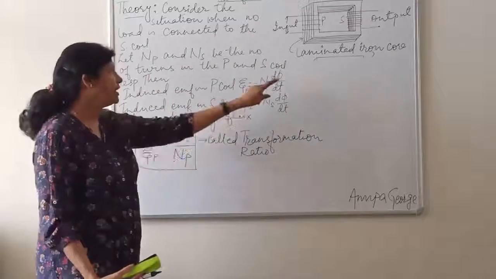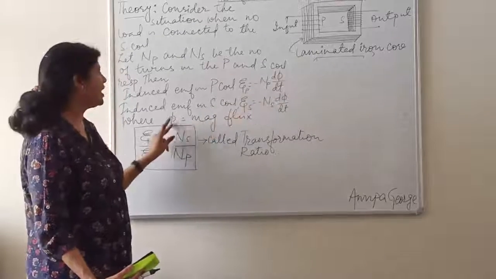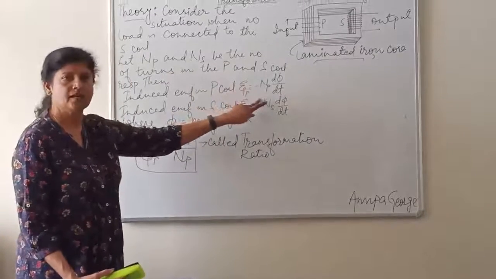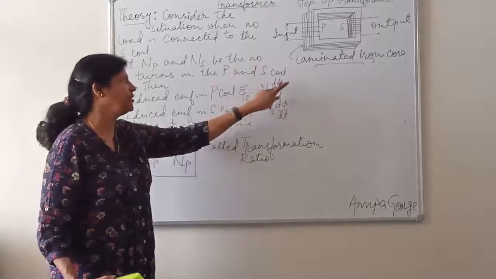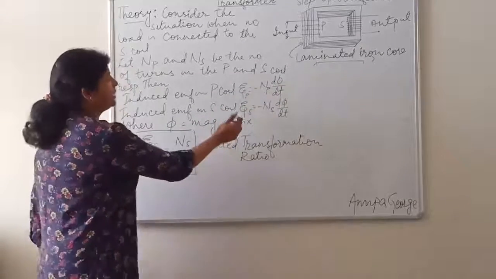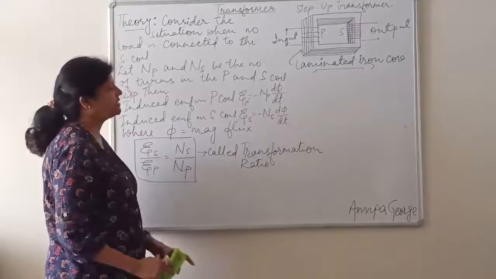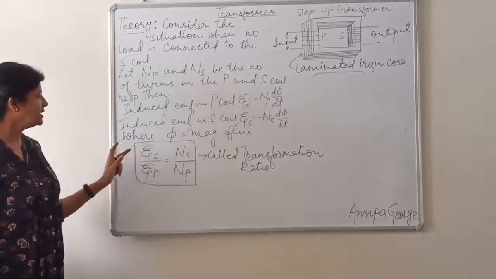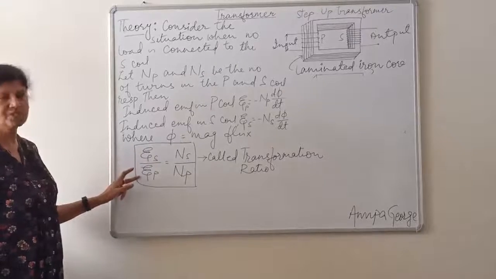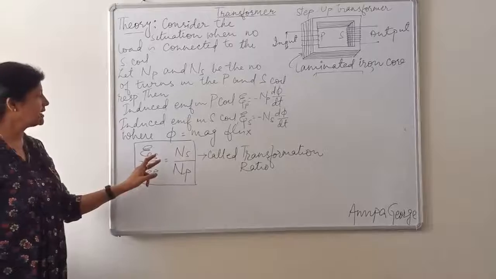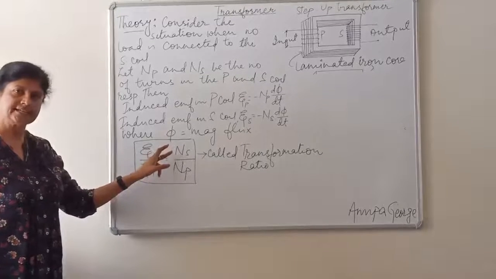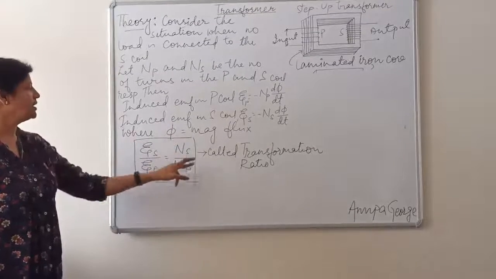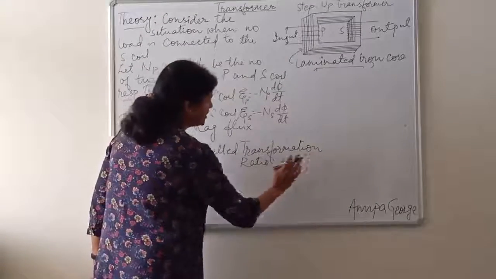where phi is magnetic flux. Now, if we divide Ep is equal to minus Np d phi upon dt by Es is equal to minus Ns d phi upon dt, we get induced EMF in secondary coil upon induced EMF in primary coil is equal to number of turns in secondary coil upon number of turns in primary coil, and this ratio is called transformation ratio.